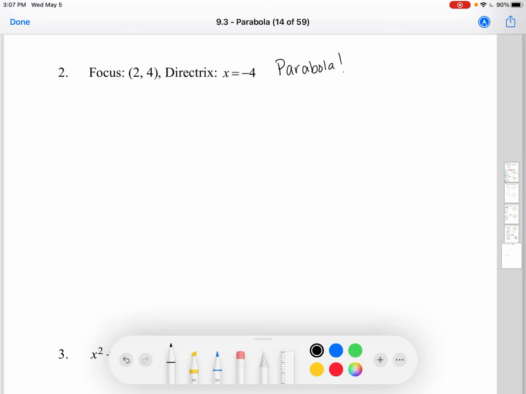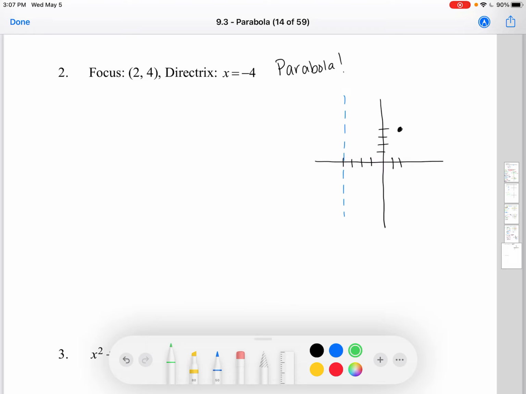Then, as soon as I make that note, I'm going to still make a little graph just to get an idea, because chances are you're probably going to have to use it anyways. I have my focus. My directrix is x equals -4, so I go -4 on the x-axis, and that tells me it's going to be a vertical line.